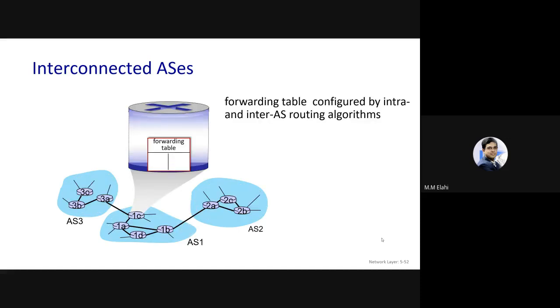But you can think about how every routing table, the forwarding table, will look. There will actually be 2 types of entries in the forwarding tables now. One is like before, the output of the intra-autonomous system routing algorithm, and now there will be some new entries for the inter-autonomous system algorithm.